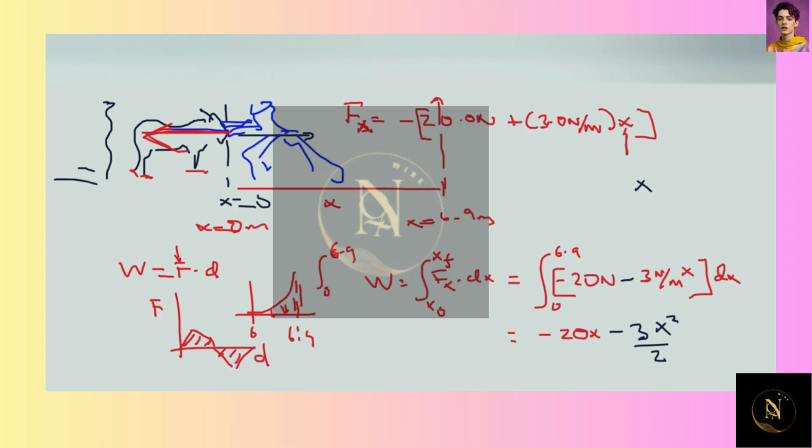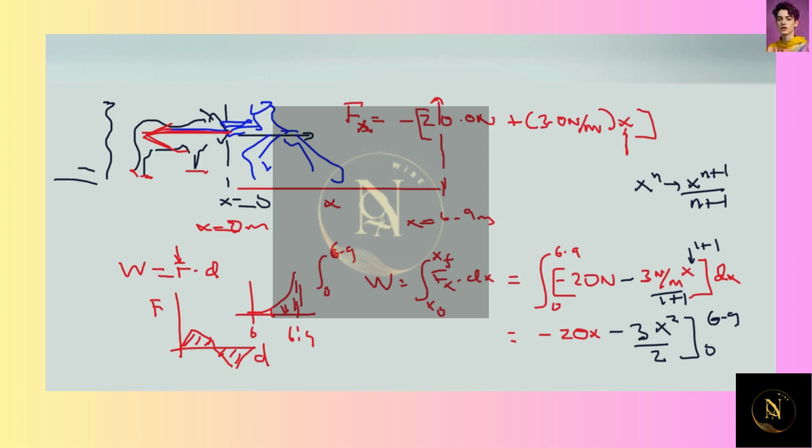Remember, if you have an x raised to n and you're doing an integral, you take the exponent and add 1, and then you divide by the new exponent. That's what's happening here. Our exponent is 1, so 1 plus 1, and then you divide by 1 plus 1. The limits of integration go from 0 to 6.9.